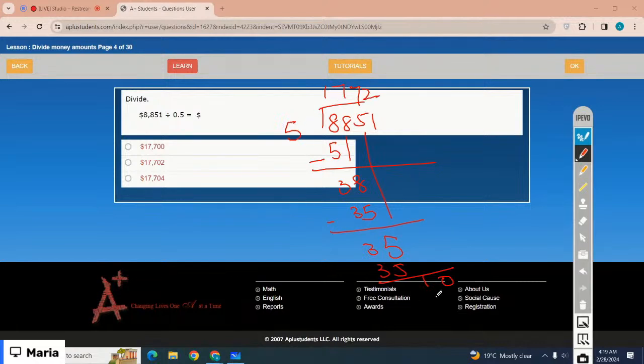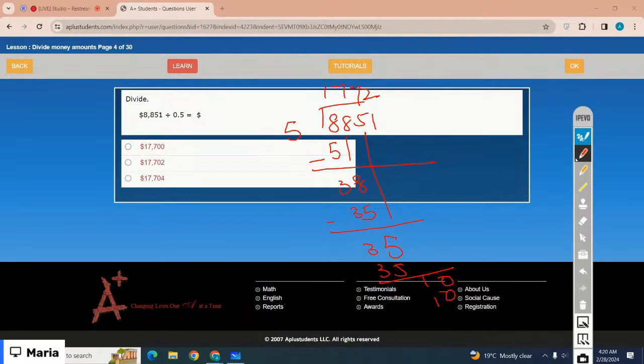times 2 is 10. You need to add a 0 and then you can divide it by the 2. That would be 1770 and 2.